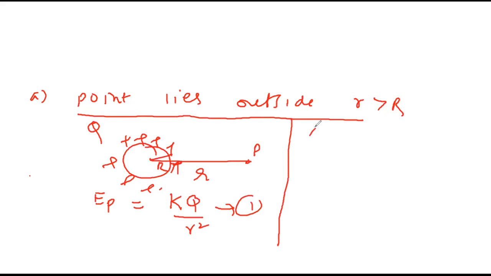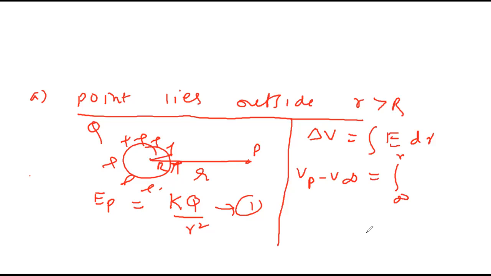So we know formula. Change in potential is E dr by integration, because E is not uniform. At every distance it will keep on changing, so we have to integrate. So potential at P minus potential at infinity is total change in potential from infinity to r, correct?